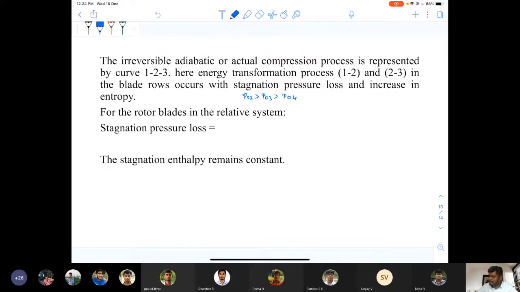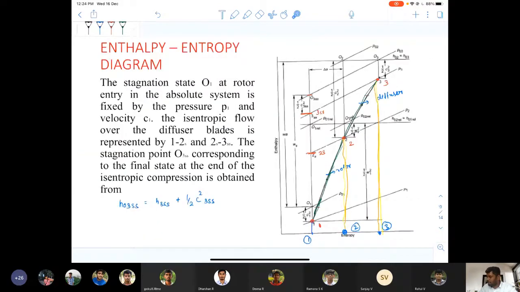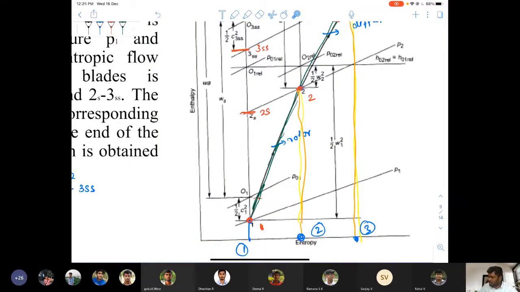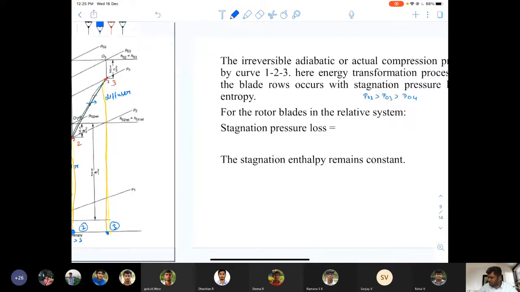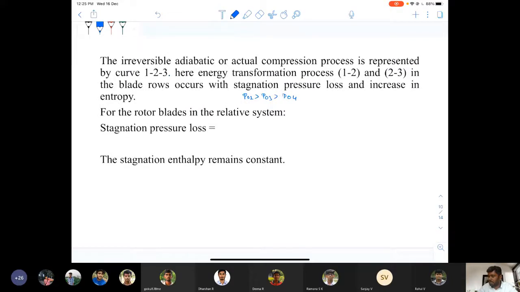But there will be an increase in entropy as represented here. That is, the entropy at point 1 will be less than at 2, which is less than at 3, whereas P02 will be greater than P03, which is greater than P04.